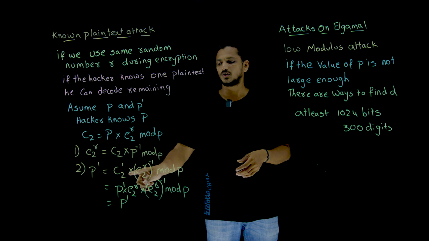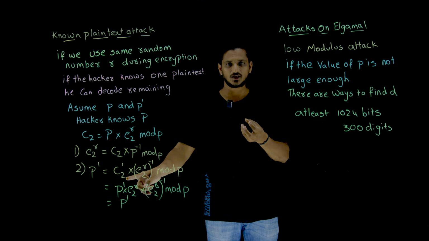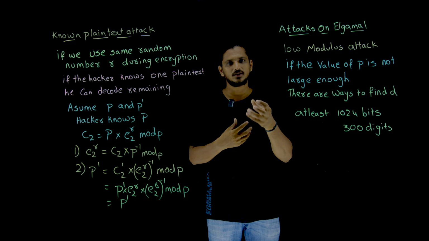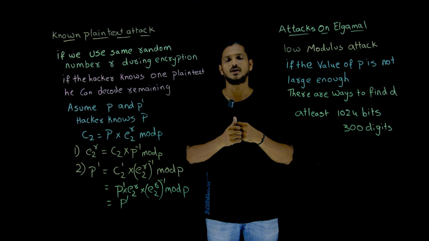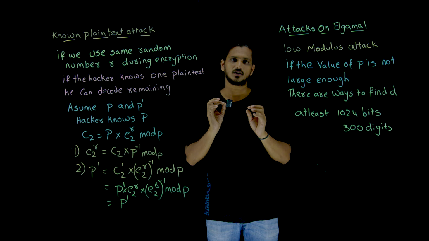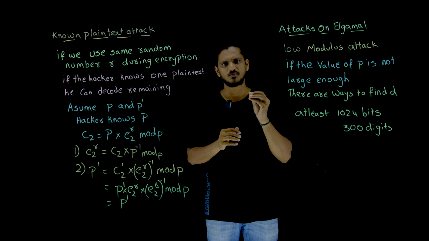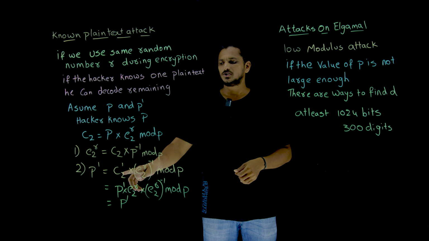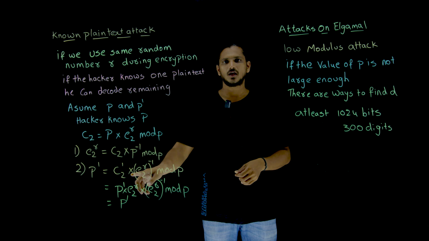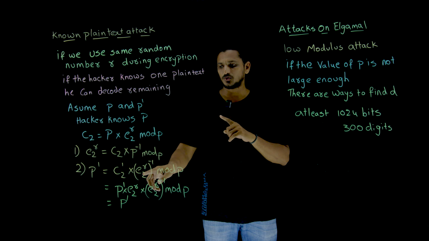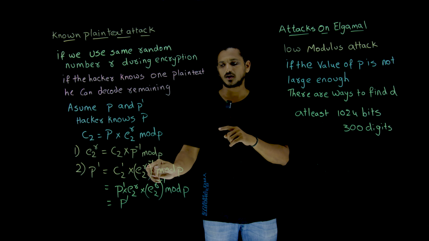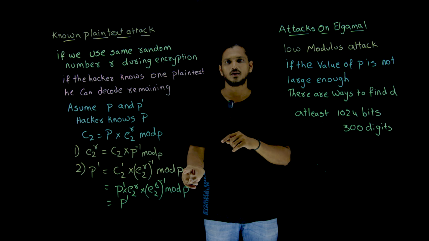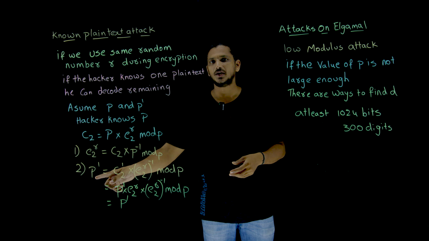For P dash, C2 dash is generated and travels on the internet. Those with a little hacking capability can easily take C2 dash. C2 dash multiplied by e to the power R whole inverse mod P gives the P dash value.